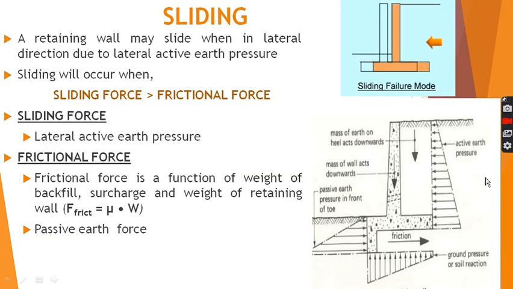Next type of failure is sliding, which is very clearly visible to you from this particular diagram. Due to the lateral active earth pressure acting in this direction, there are high chances that the retaining wall may also slide in this direction like this. So we have to prevent this sliding.